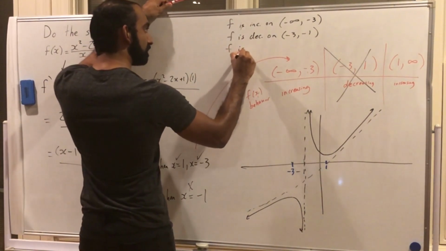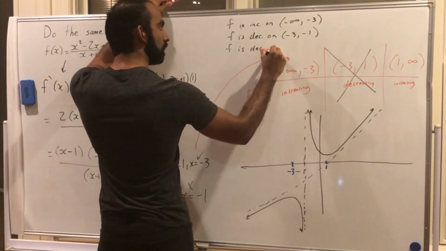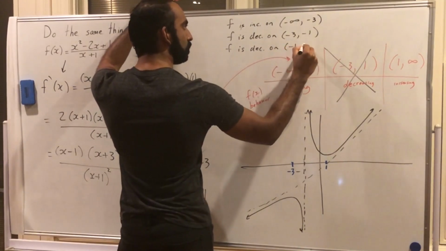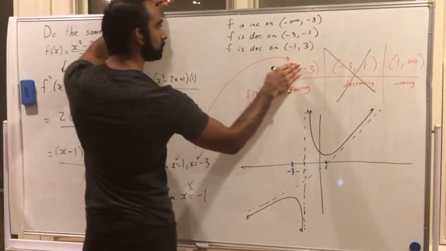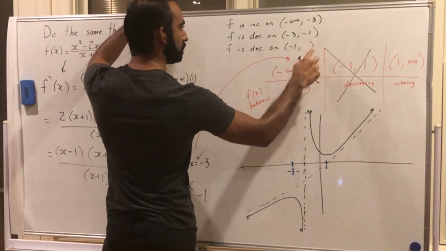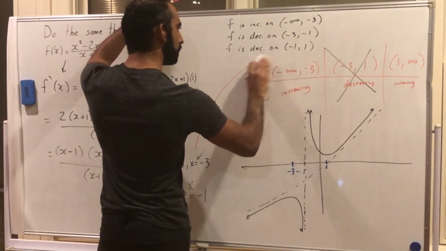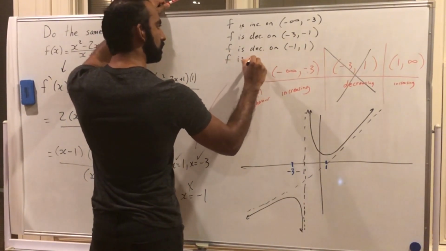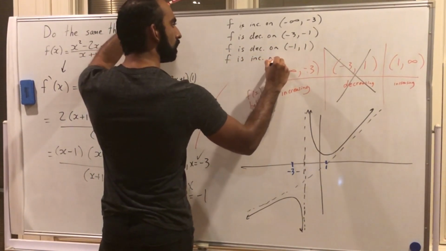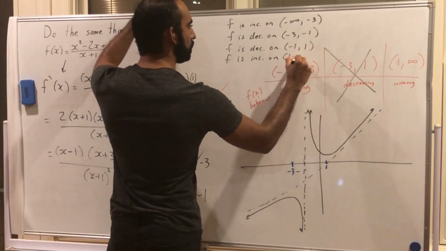And F is also decreasing on negative 1 to positive 1. And finally, F is increasing on 1 to infinity.